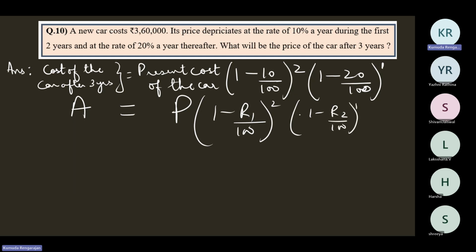R1, R2, different rates of depreciation. R1 for 2 years and R2 for the third year. But you can substitute like this straight away. Please use this.